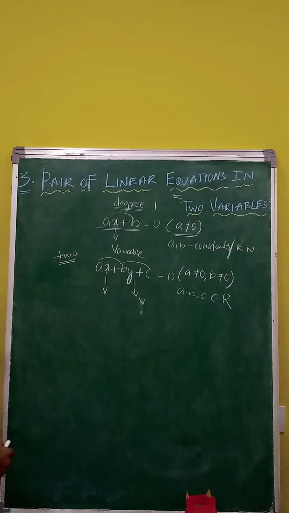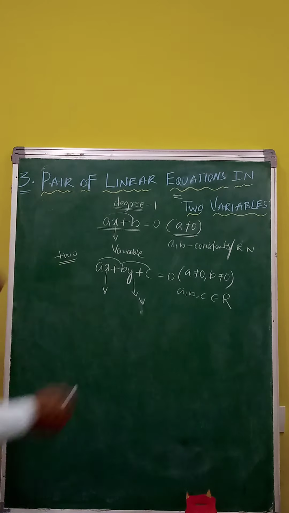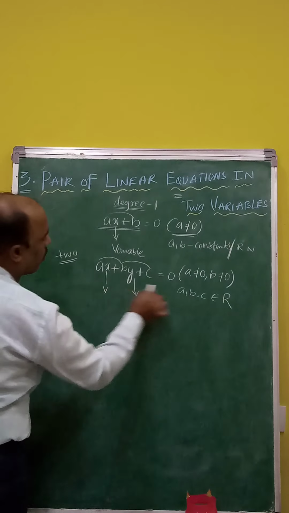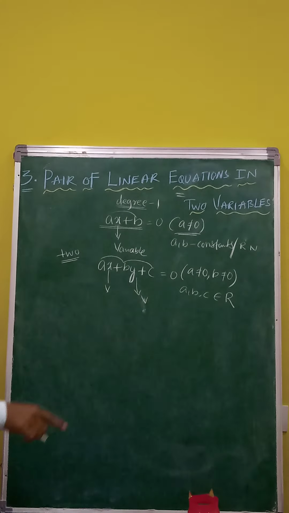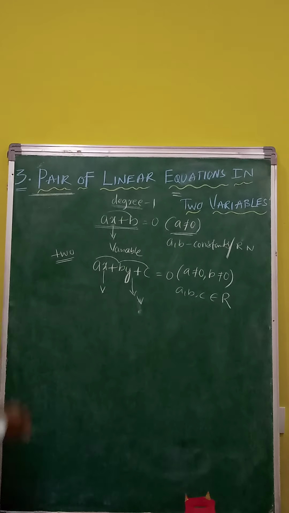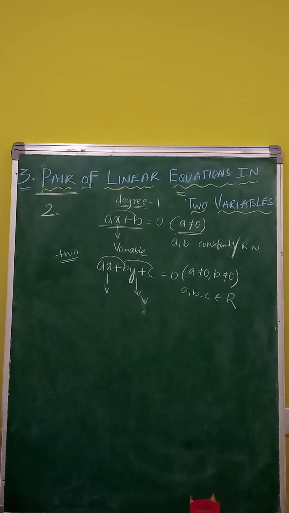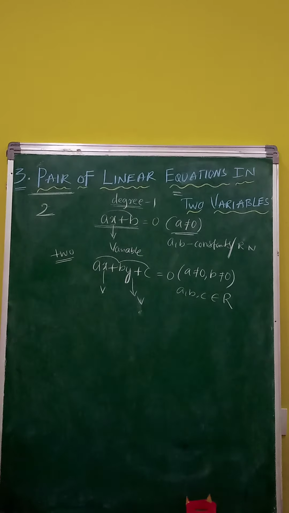Now, what is actually given here? Pair of linear equations. You now know that ax plus by plus c is equal to 0 is the linear equation. Now we have to know pair. Pair means 2. Pair of linear equations in two variables.